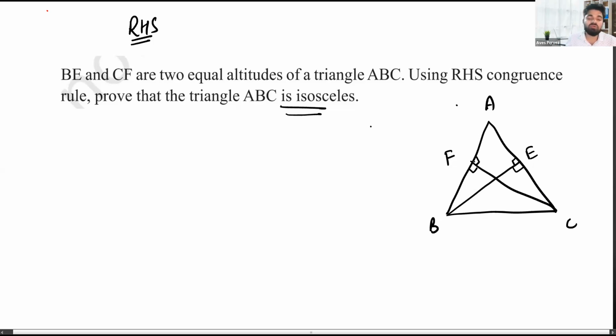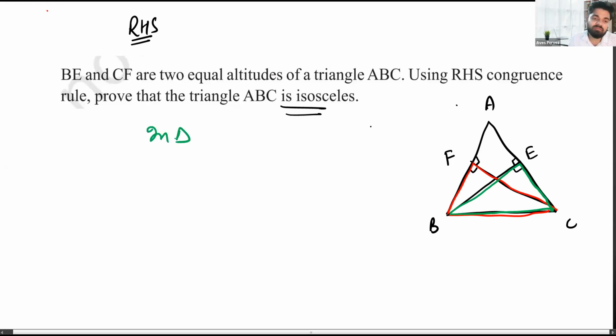But since he's saying that you have to use the RHS rule, for the RHS rule, you have to take this triangle, the red one and the green one. Got it?